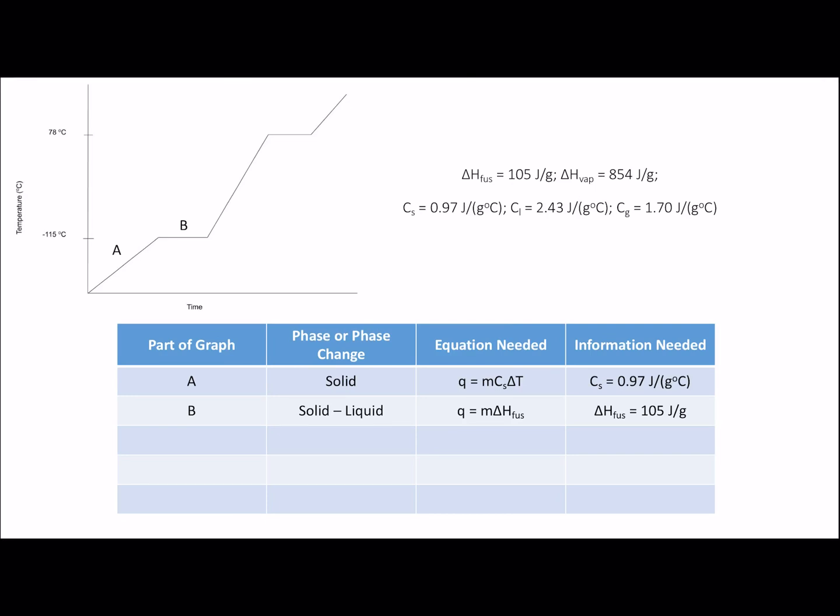To do that calculation, Q equals m times the heat of fusion, or delta H fus. They give us that information as well, and we'll use it when we go into it. Notice there is no change in temperature, because if you look at the graph, it is not changing. It is sitting at a constant temperature while it is doing the conversion from solid to liquid.